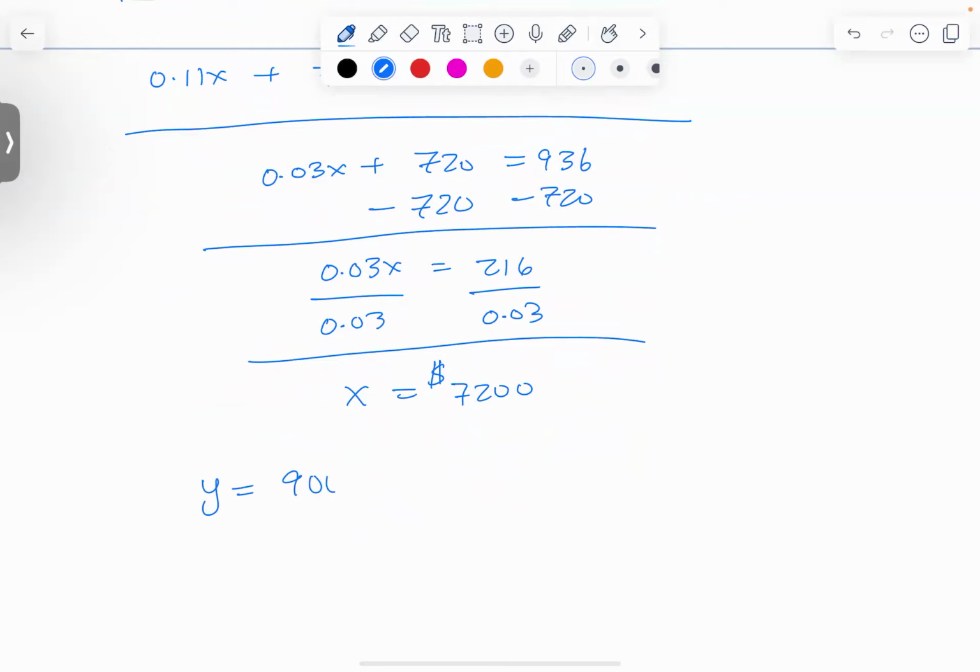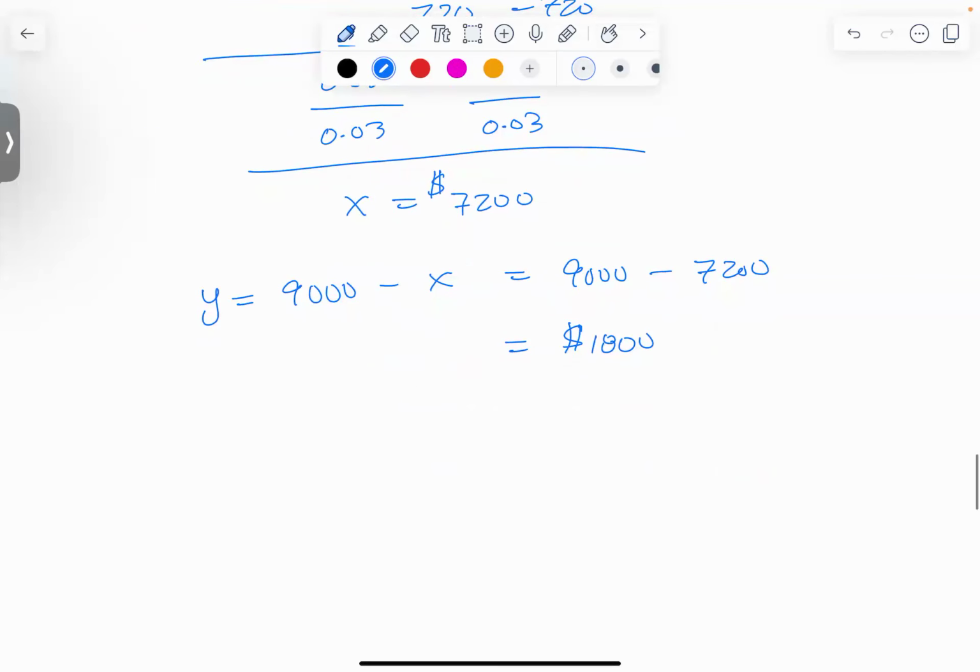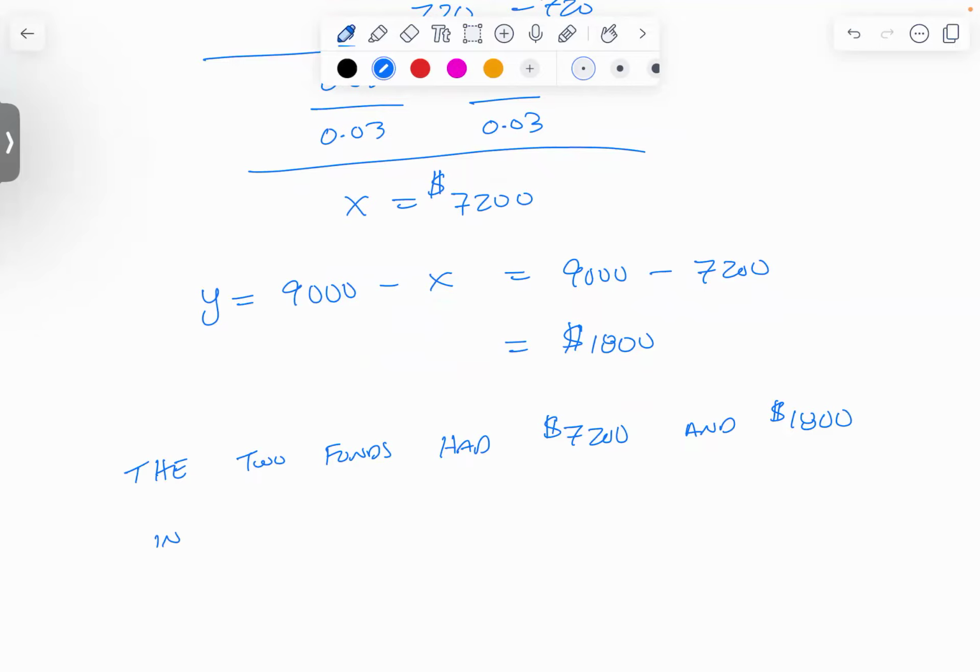Y equals 9,000 minus X. We can put that guy in, which gives us $1,800, which again, as a sentence, so the two funds had $7,200 and $1,800 in them.